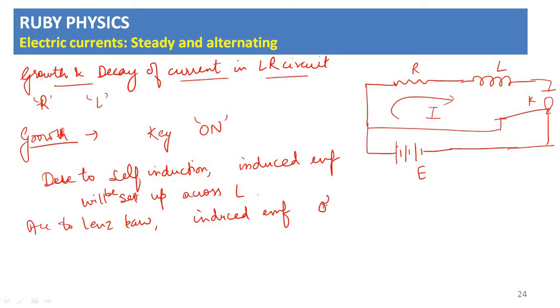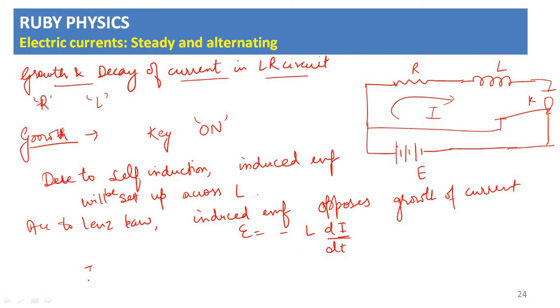So induced EMF opposes growth of current, as E is equal to minus L di by dt, where the negative sign shows that the direction of the induced EMF and the growth of current are opposite to each other.